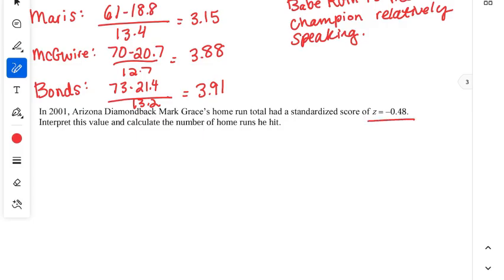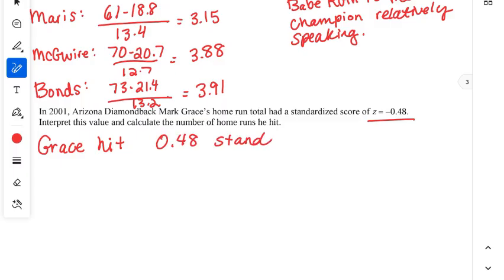Okay, last question. In 2001, Arizona Diamondback Mark Grace's home run total had a standardized score of Z equals negative 0.48. Interpret this value and calculate the number of home runs he hit. So instead of knowing what he hit, we have to go the opposite way. So we've got to know what this actually means.